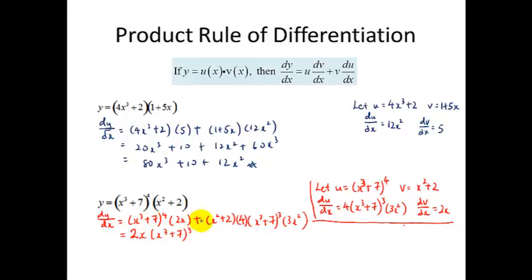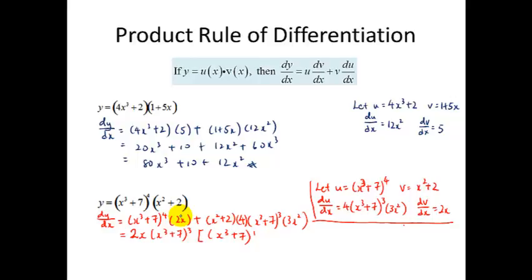I think that's all the common factors there are. I then will put the rest of the two terms within these square brackets. So for the first term, because I took out 2x, and I took out (x cubed plus 7) power 3, I'm left with (x cubed plus 7) power 1.